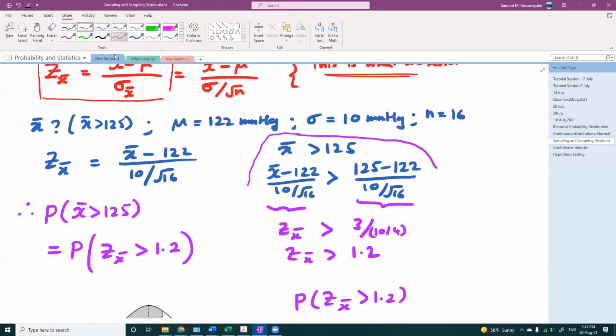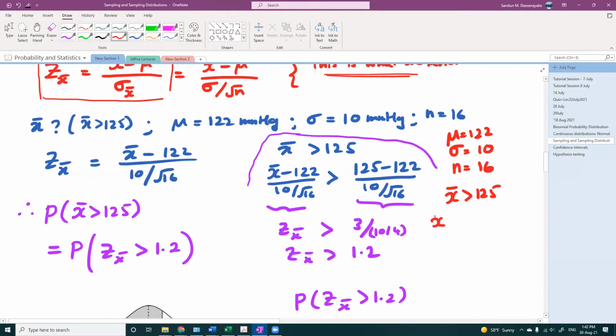The first step is to put in your known values. We know that mu is 122, sigma is 10, and n is 16, since 16 men were there. We need the probability of X bar being greater than 125. You simply convert this to a Z value. How do we convert X bar into a Z value?